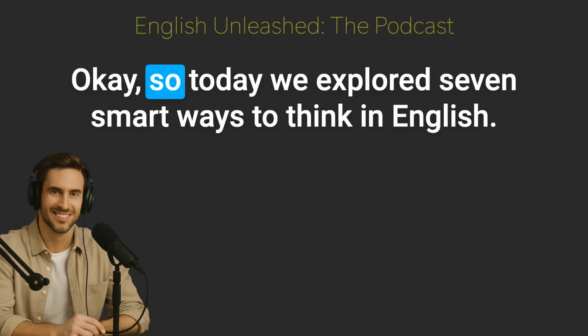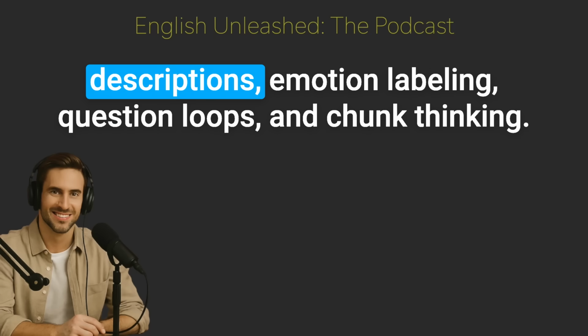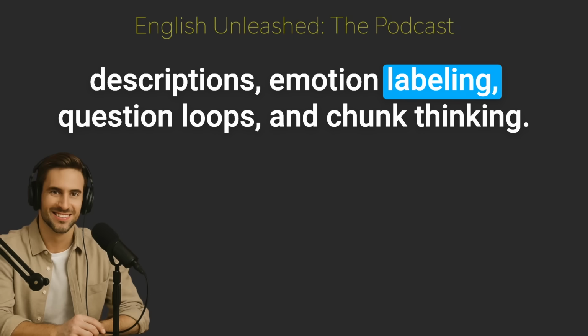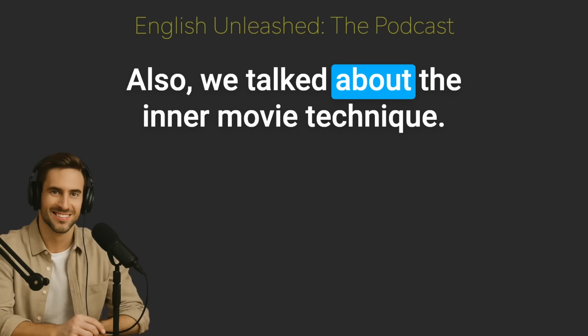Okay, so today we explored 7 smart ways to think in English. We talked about the image thinking method, situation simulation, micro descriptions, emotion labeling, question loops, and chunk thinking. Also, we talked about the inner movie technique.